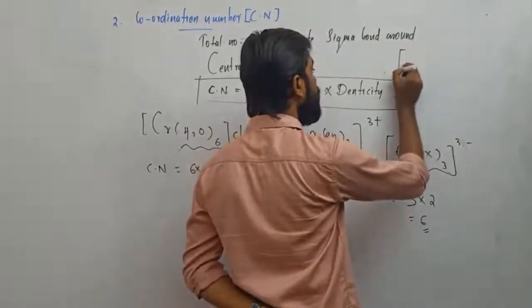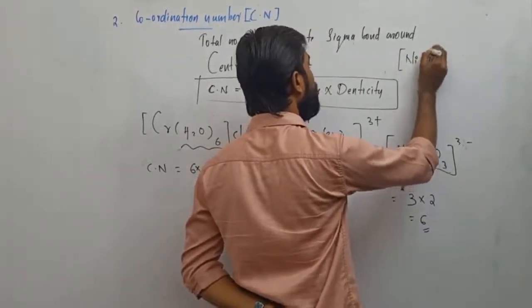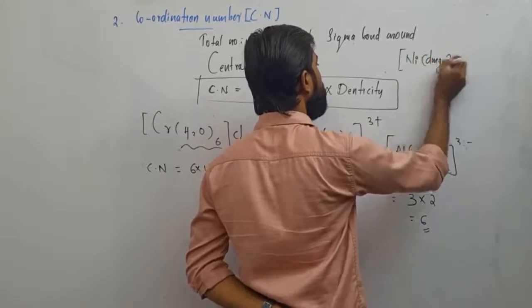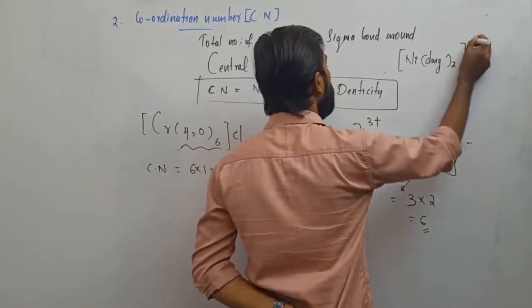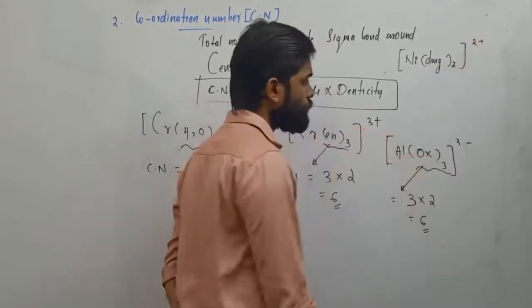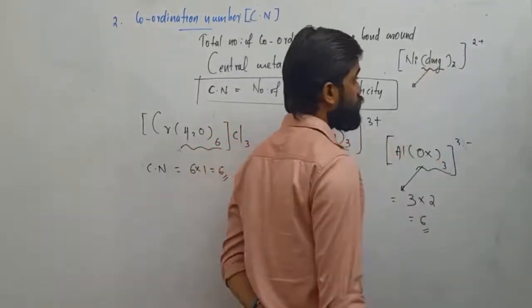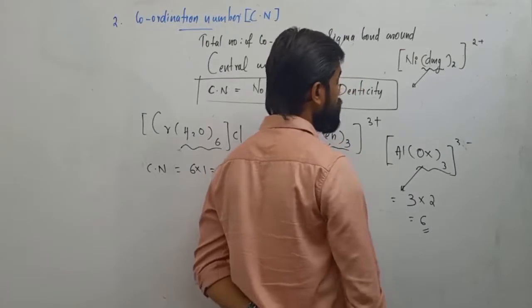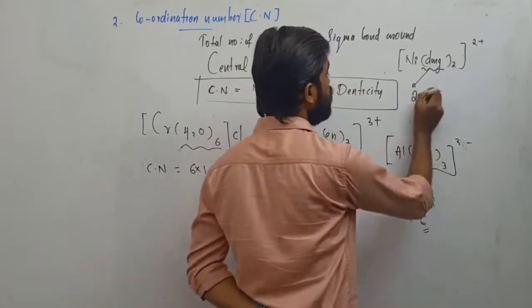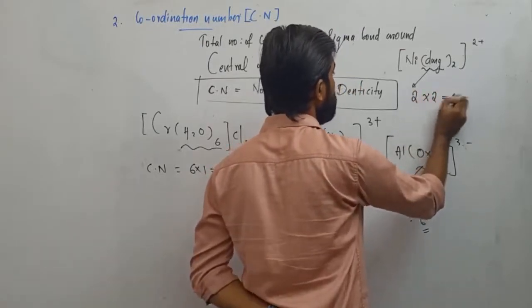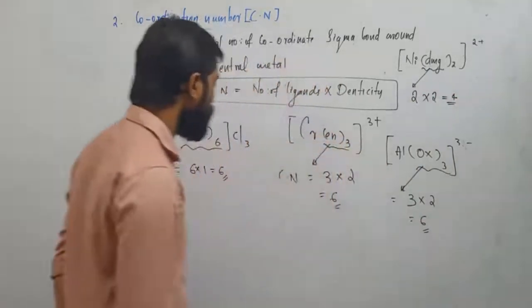Okay. Next, [Ni(DMG)2]2+. DMG is dimethyl glyoxime with a charge of -1, but the denticity is 2. So the number of ligands 2, denticity 2, the coordination number is 4.